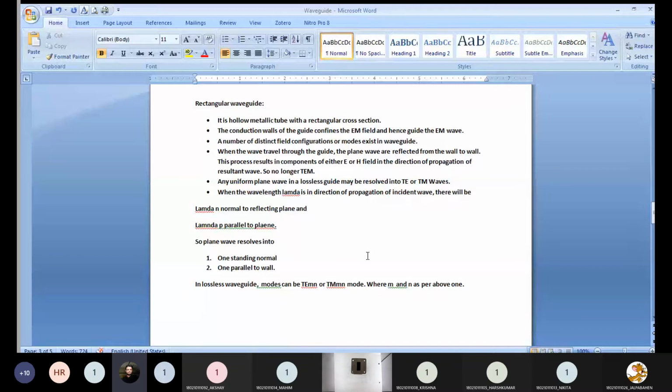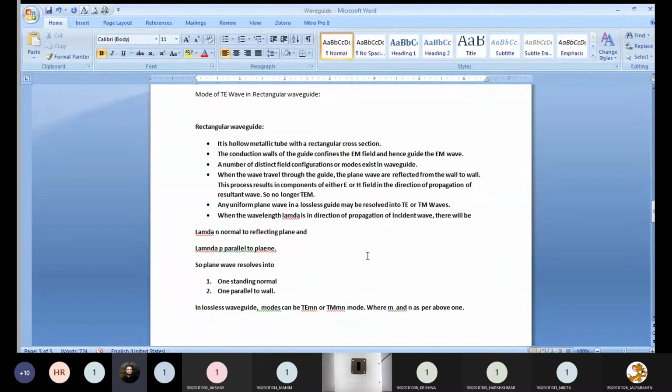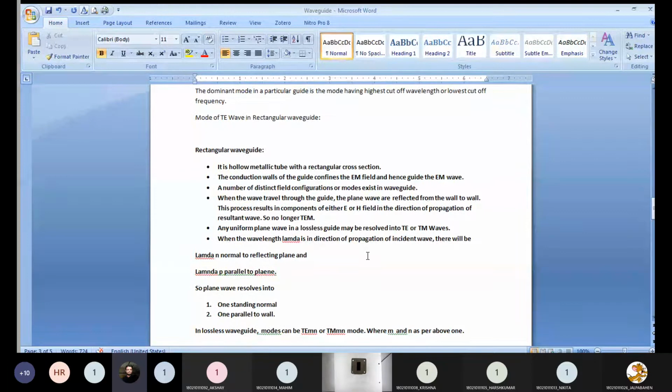We have already seen that there is a dominant mode exhibited by any waveguide. So what is the dominant mode? We have seen in our last class that if a mode has the highest cutoff wavelength, or the lowest cutoff frequency, for that particular waveguide, then that mode is considered the dominant mode.